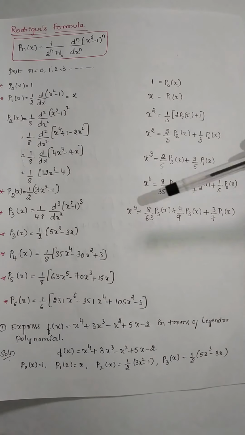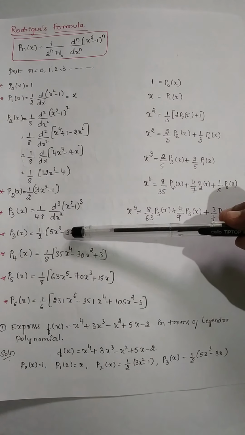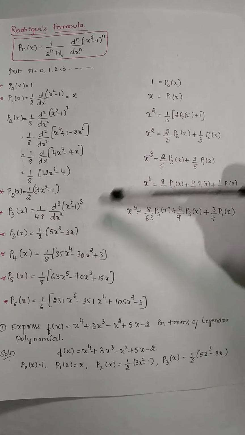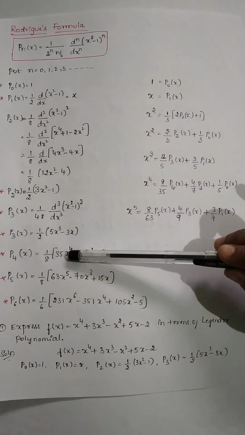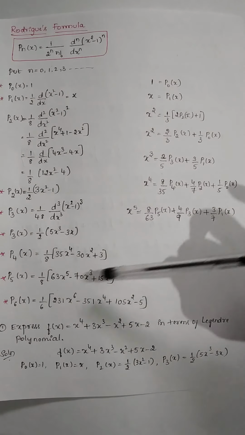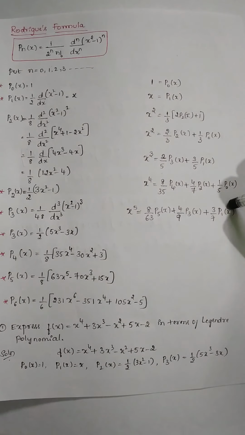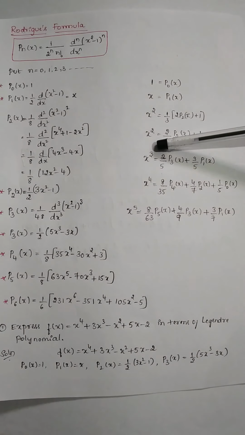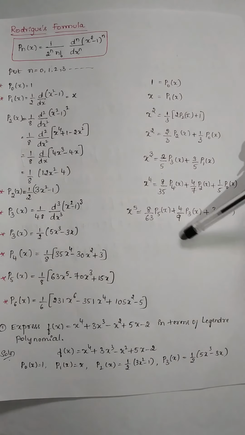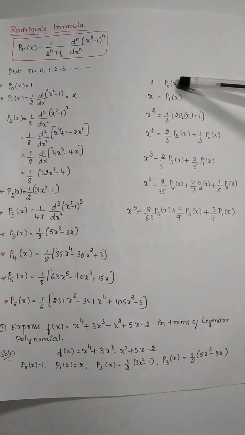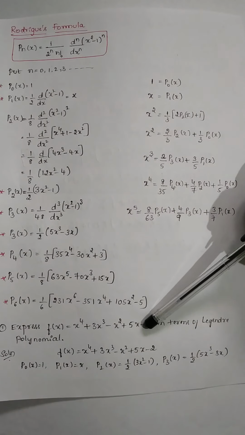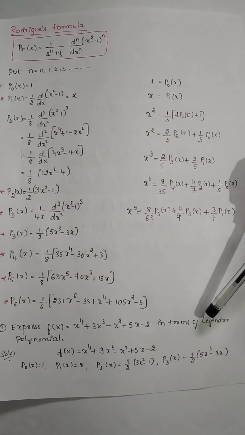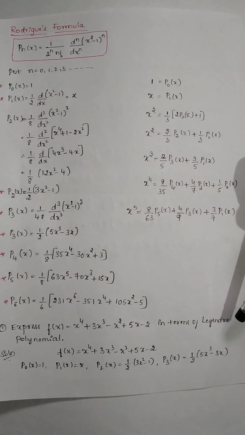In the same way, solving for x to the power 4 in P4 of x, x to the power 5 in P5 of x, you will get the expressions for x square, x cube, x to the power 4, x to the power 5 and so on. After finding these results, you need to substitute these in the main function which is to be written in terms of Legendre polynomials.